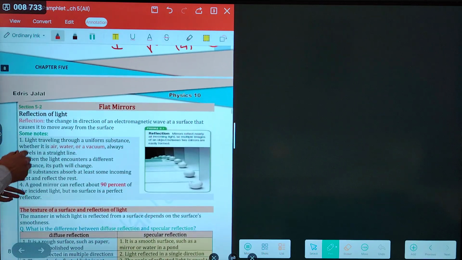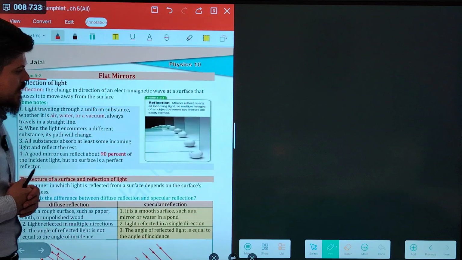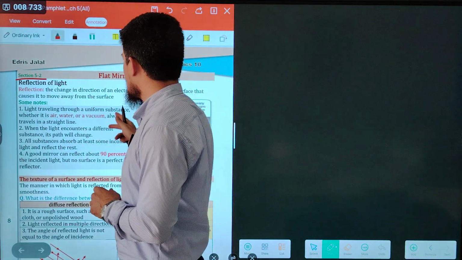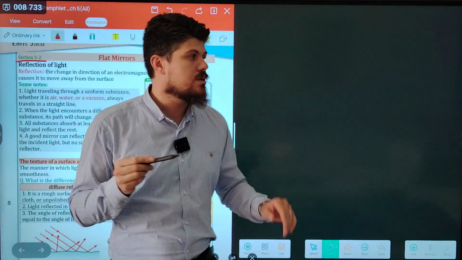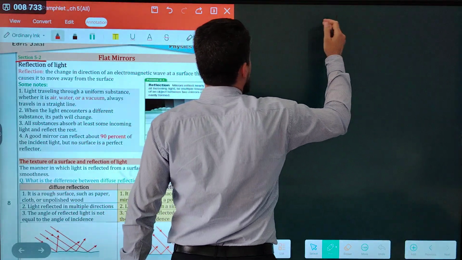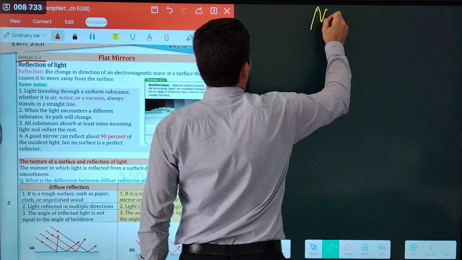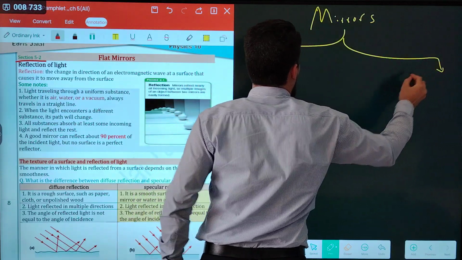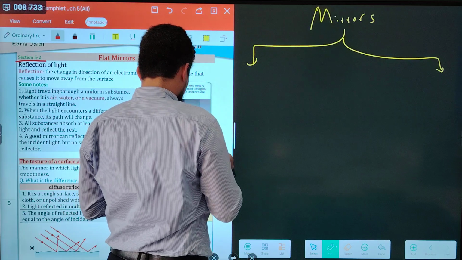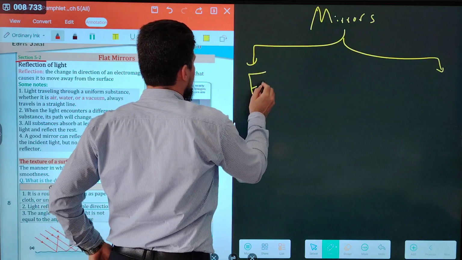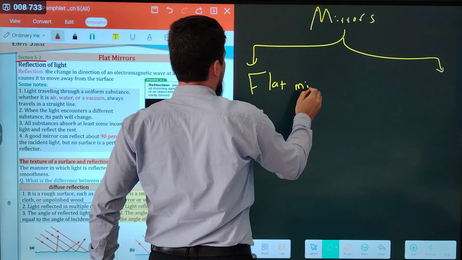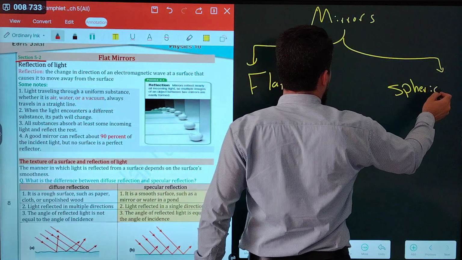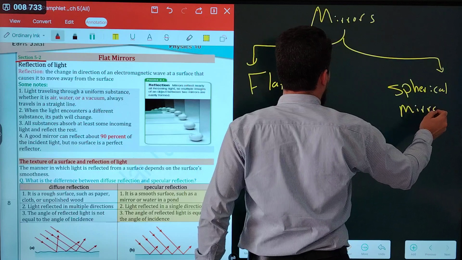Okay. Section 2 is about flat mirrors. In this section, guys, we will talk about flat mirrors, but first let me analyze the types of mirrors. We have 2 different types of mirrors, flat mirrors and spherical mirrors.